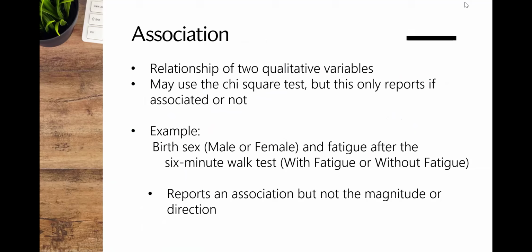So let's say, for example, you'd like to look at the association between birth sex, male or female, and fatigue after the 6-minute walk test, with fatigue or without fatigue. If you use the chi-square test, you may find that there is or there is not an association, but you do not see the magnitude or the direction of that association.